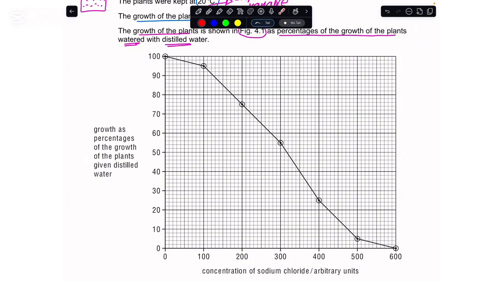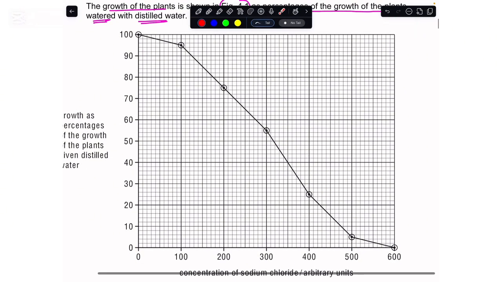Now, the overall trend is a decrease in the growth, indicated by the steepness of the graph. But what I see is that the steepest part of the graph lies between 300 and 400 arbitrary units of sodium chloride concentration.